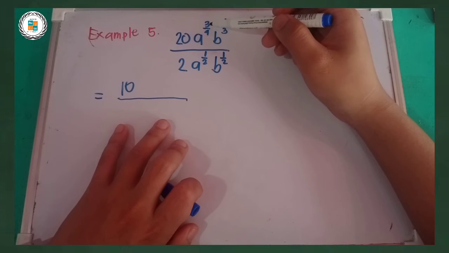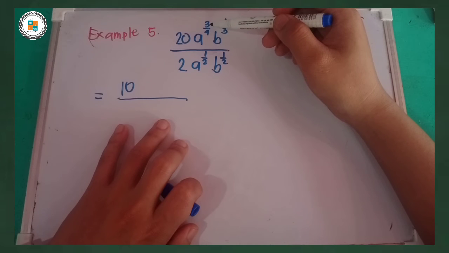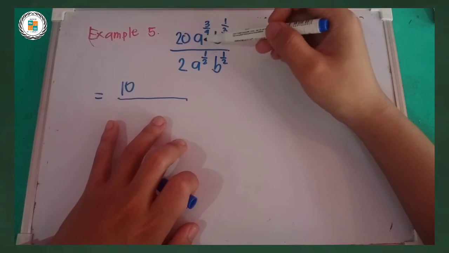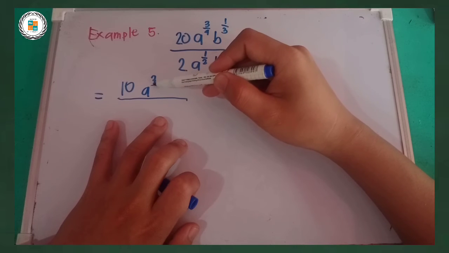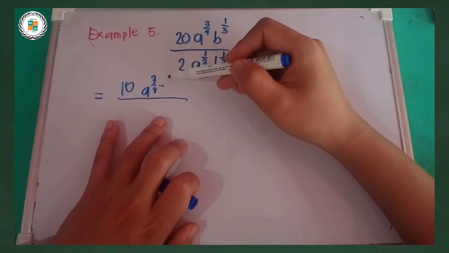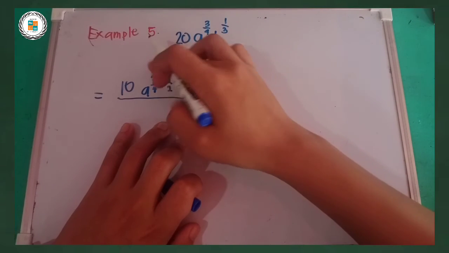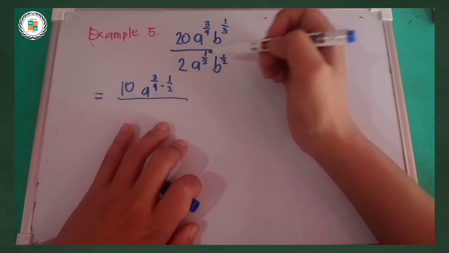Now, which one is bigger? 3/4 or 1/2? It's 3/4. Since 3/4 is bigger, we subtract in the numerator. So we have a raised to the power of 3/4 minus 1/2.